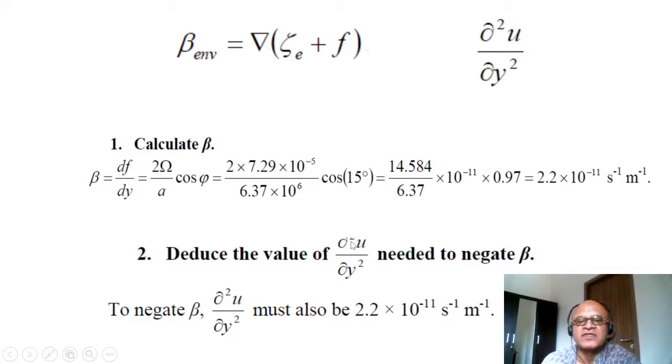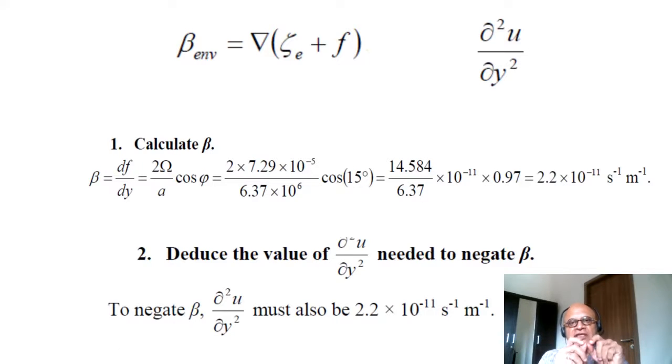Sorry, I chopped off the square here. So deduce the value of d²u/dy² needed to negate the beta effect. So to negate beta, d²u/dy² must also be of the order of 2.2 times 10 to the minus 11 per second per meter.